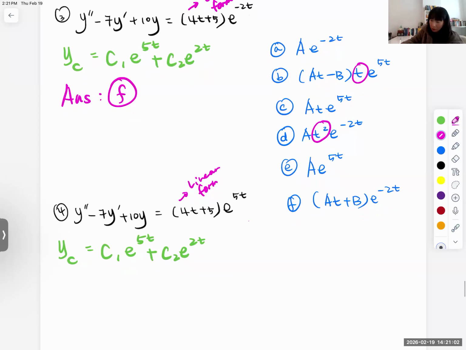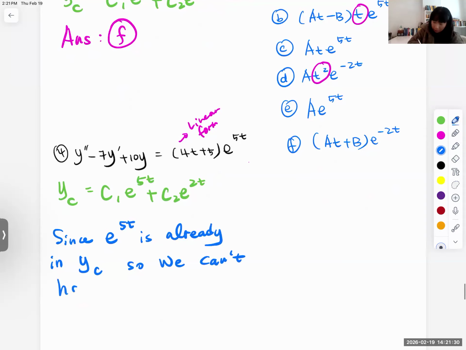Let me write down. Since e to the 5t is already in a complementary solution, so we can't have linear form at plus b times e to the 5t, right?